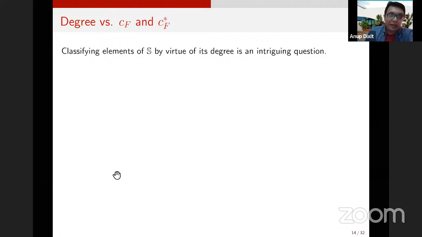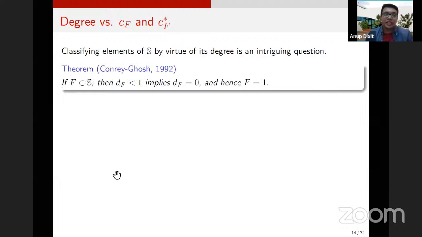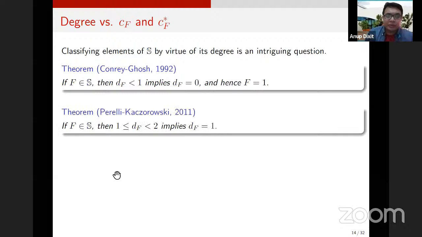So here's what we have. First, for the degree in the Selberg class, we know the following. It was a result due to Conrey and Ghosh that the degree cannot take values between 0 and 1; if it is between 0 and 1, it has to be 0 or 1. Much later, with a lot of work, it was shown that the degree cannot take values between 1 and 2.